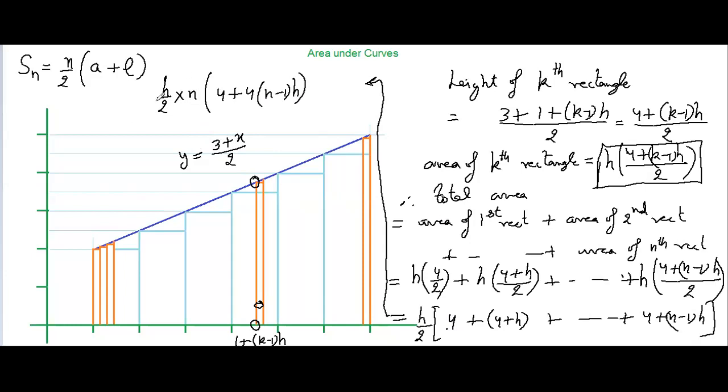What is nh equal to? Remember what we have done. h was taken equal to 6 divided by n. The total width, you remember in the previous page, from 1 to 7, the total width of this portion, that is 7 minus 1, that is 6. 6 was divided into n equal parts and each equal part was h.